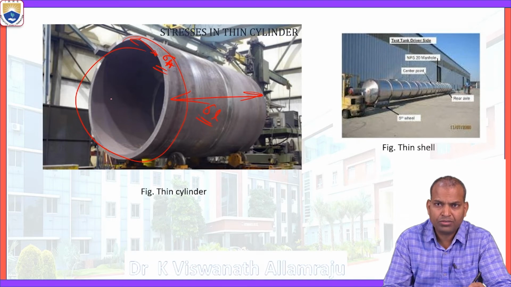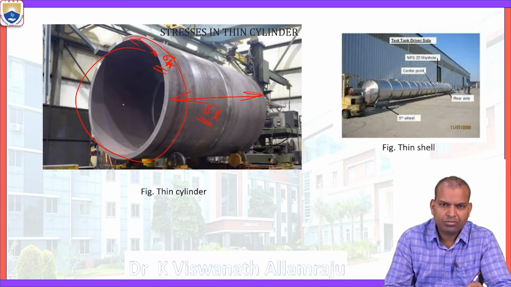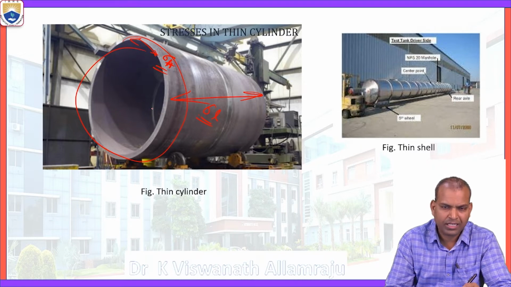So why should we do this stress analysis? Why should we find it out? Because the cylindrical shell should be designed to be robust and to withstand these stresses.